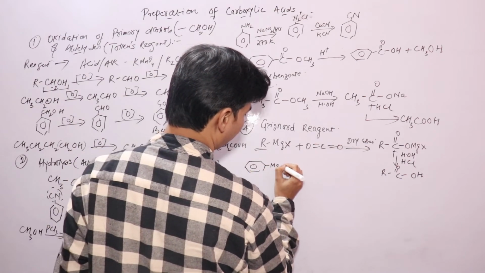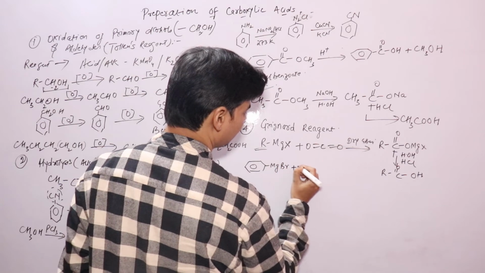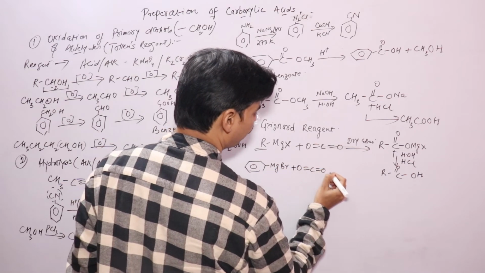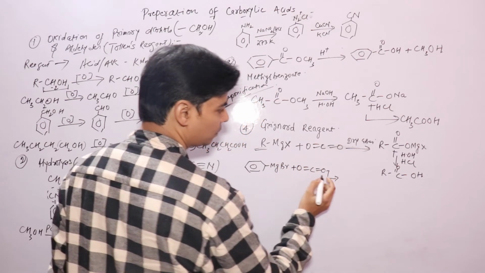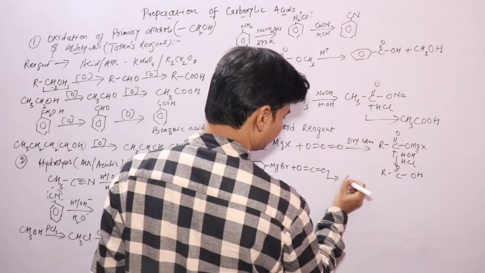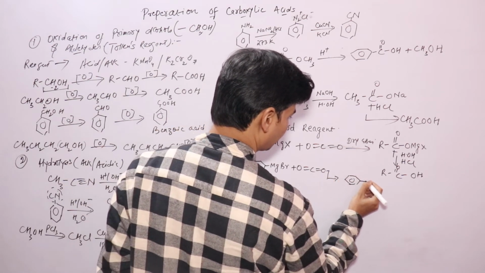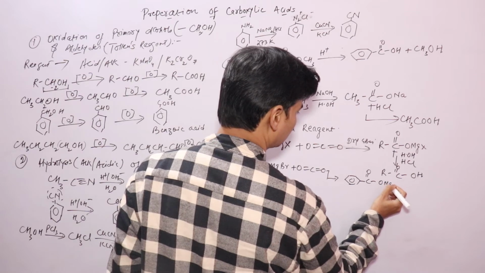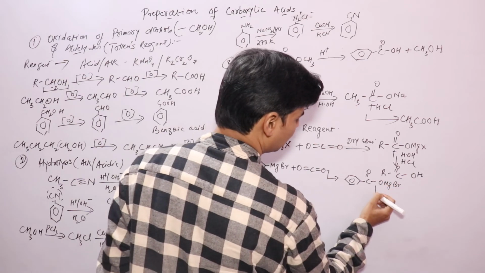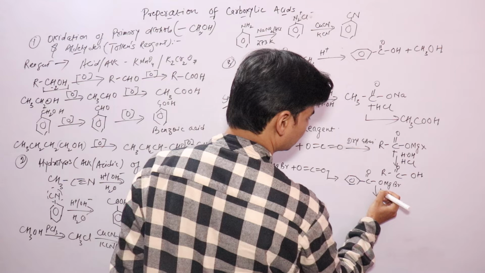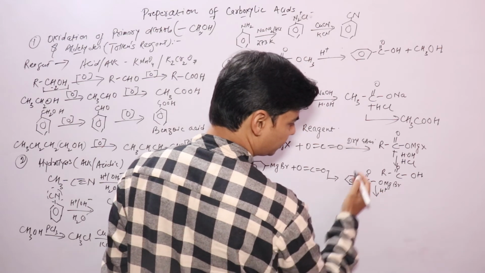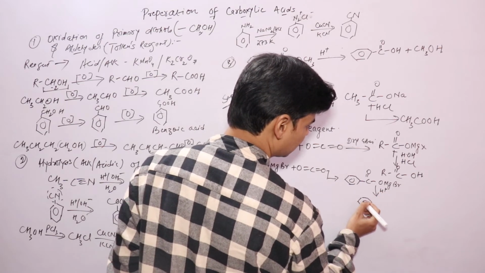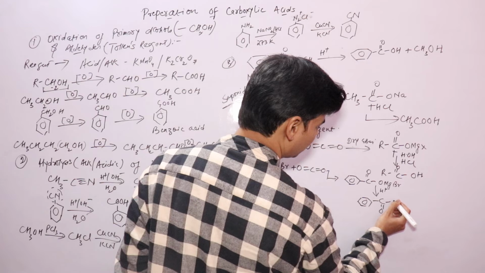C6H5MgBr, let's say, in the presence of dry ether, it will form an addition product. And in presence of acid, this addition product will hydrolyze and will change into carboxylic acid.